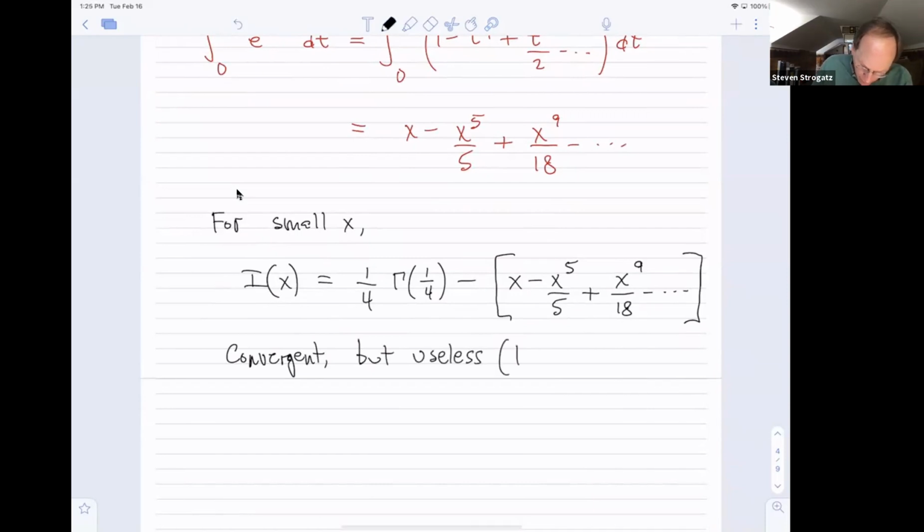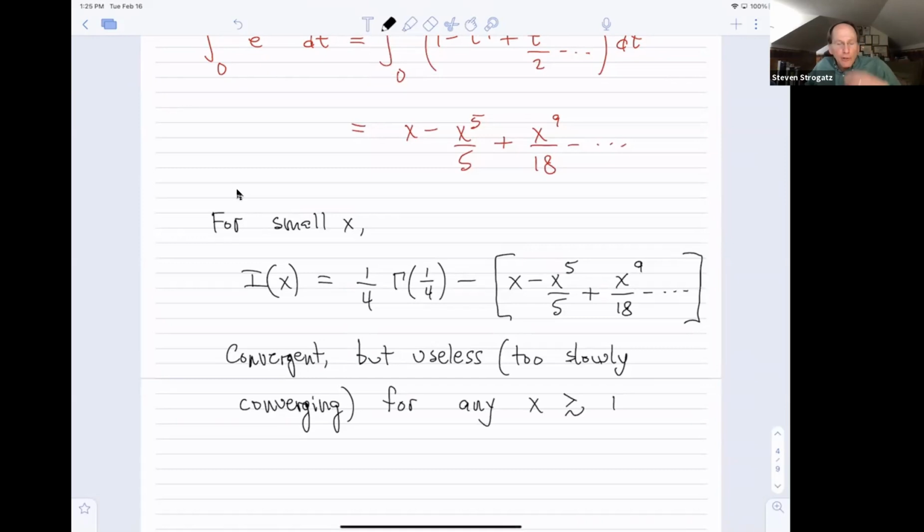Useless in the sense that it's too slowly converging for any x that is substantially greater than 1. I'll show you that later. We'll make some numerical comparisons between our asymptotic results and our convergent results and exact results. And so this is, again, me bashing convergence as something that is overrated in a lot of contexts.